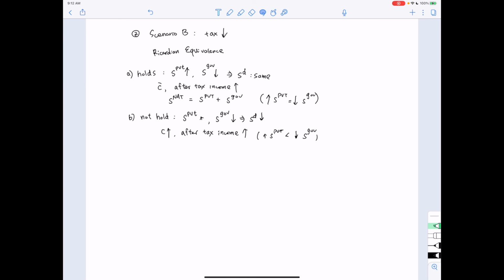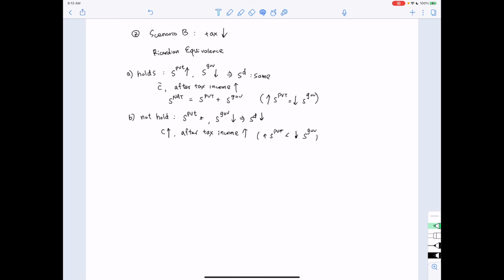But if the Ricardian equivalence doesn't hold, the household will notice their higher income and choose to have higher consumption. But then saving will increase less than in the previous case, because in the previous case, the saving increase due to the tax cut would be fully reflected in the tax cut.